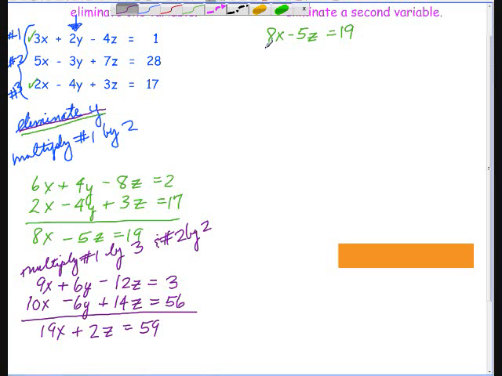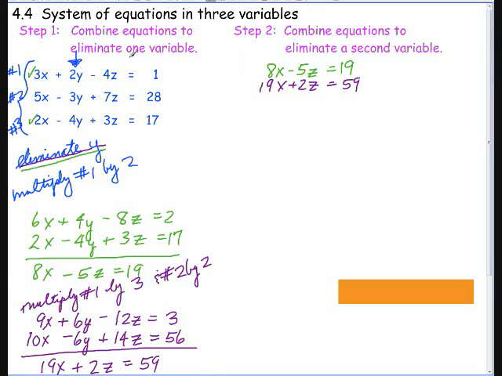So this one is going up here now. 19x plus 2z equals 59. I eliminated one variable. That's done. Step 1 completed. And notice I had used all of my equations.